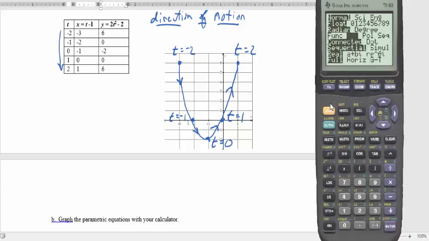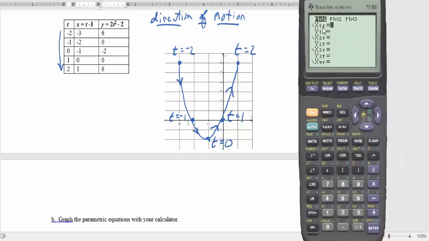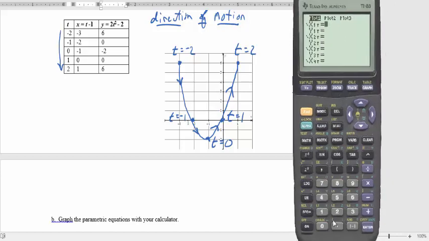So now look what happens. If I now push y equals, what will appear is x1 of t equals, y1 of t equals, x2 of t equals, y2 of t equals, so on and so forth. So this will now allow me to graph parametric equations, right? So what I can do is just enter x1 of t as t minus 1.